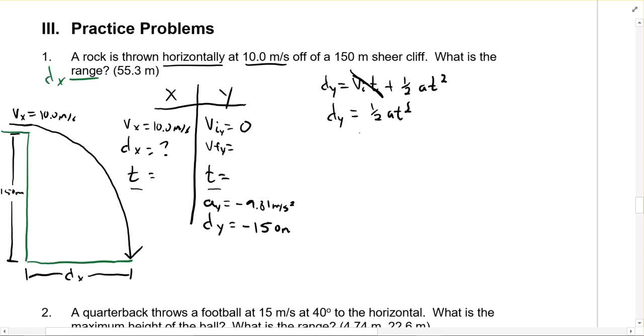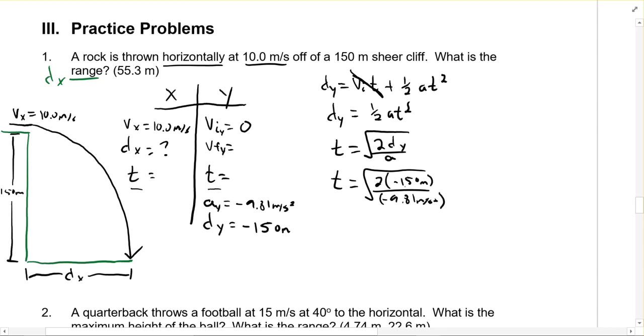If I rearrange this formula and solve for t, I get t is equal to the square root of 2 dy over a. So t is going to be equal to the square root of 2 times negative 150 meters divided by negative 9.81 meters per second squared.